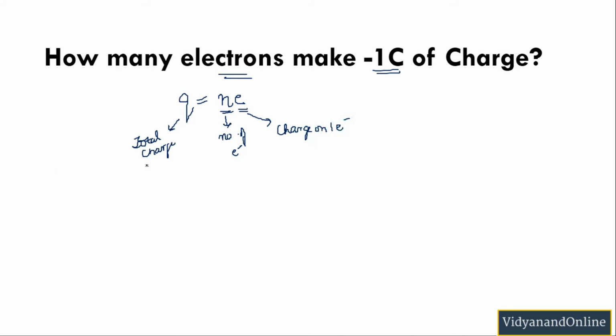Okay, so you have to make -1 Coulomb of charge. So you can write -1 here and you have to calculate n, and in place of the charge on one electron you can write 1.6 into 10 to the power minus 19. Now since it is the charge on one electron, that is why I will write minus here.